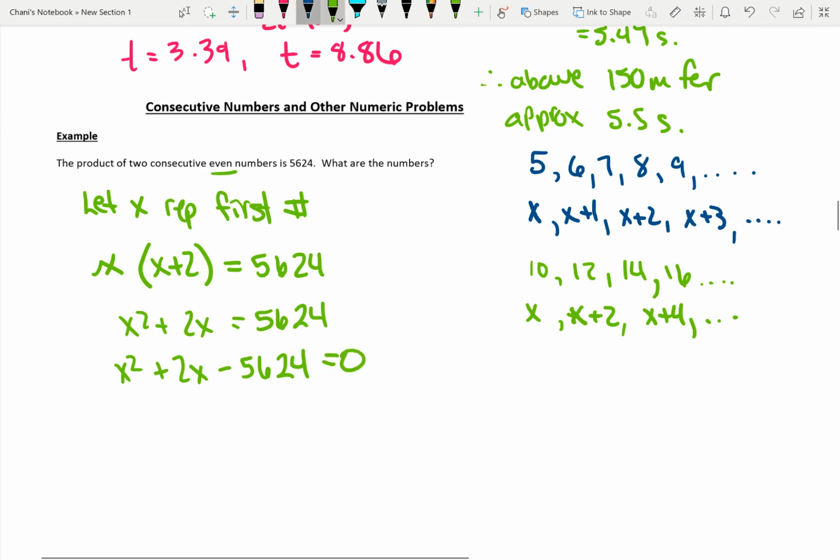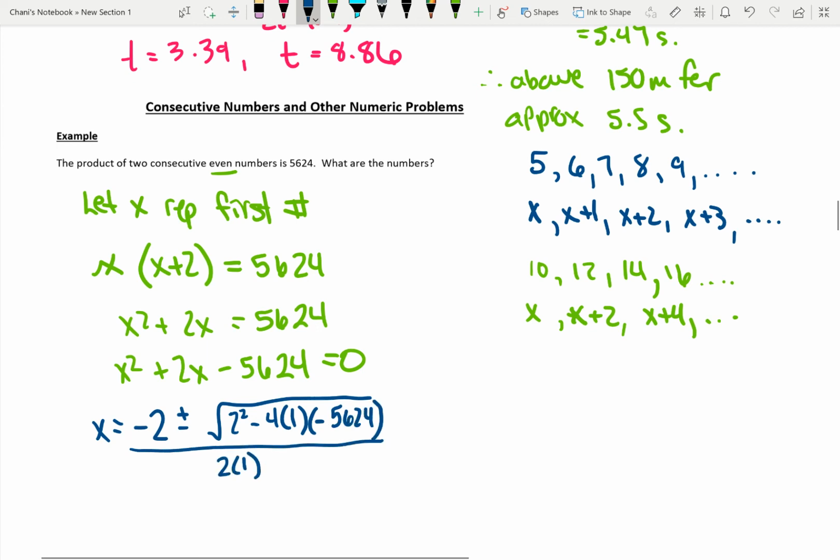Now you use the quadratic formula with your a, b, and c values. My a value is 1. My c value is minus 5,624. So you get x is equal to 74, or x is equal to negative 76.